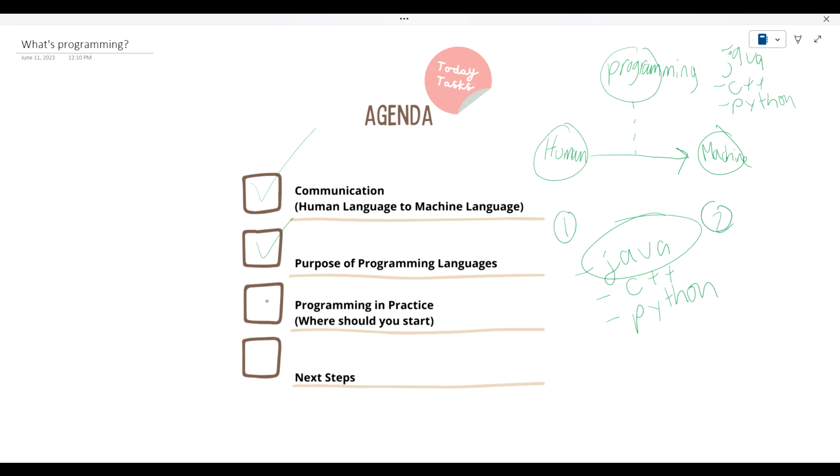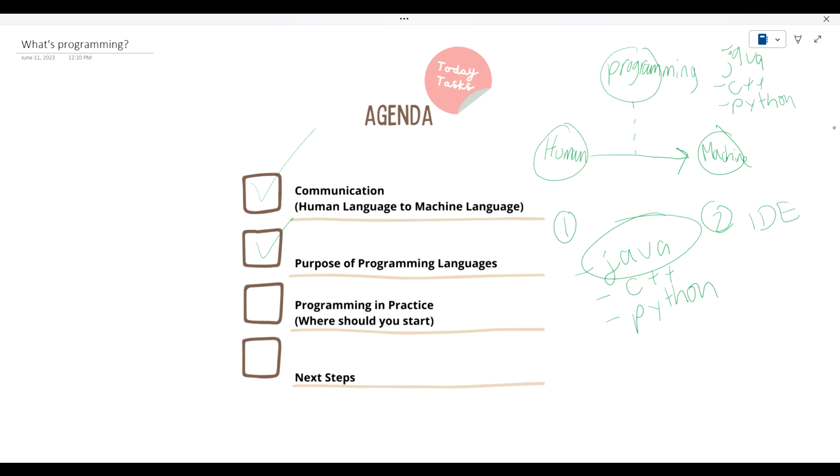The second step will be an IDE. So when you choose the language that you want to learn, you will need an IDE, or integrated development environment. And this is nothing else but a platform where you will be able to write your code, run it and see the output of your coding.